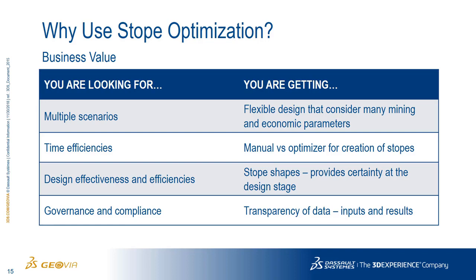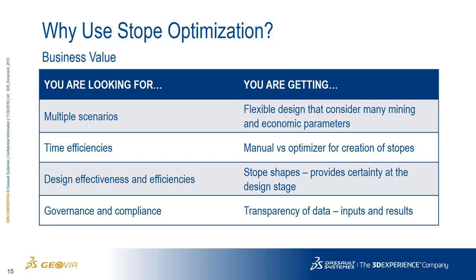The Stope Optimizer generates stope inventories that may contain, as I've mentioned, hundreds of stope shapes. These will assist you with evaluating ore availability or ore balances of your project. The optimizer allows you to generate practical mineable shapes as a start point for the design phase of your project.